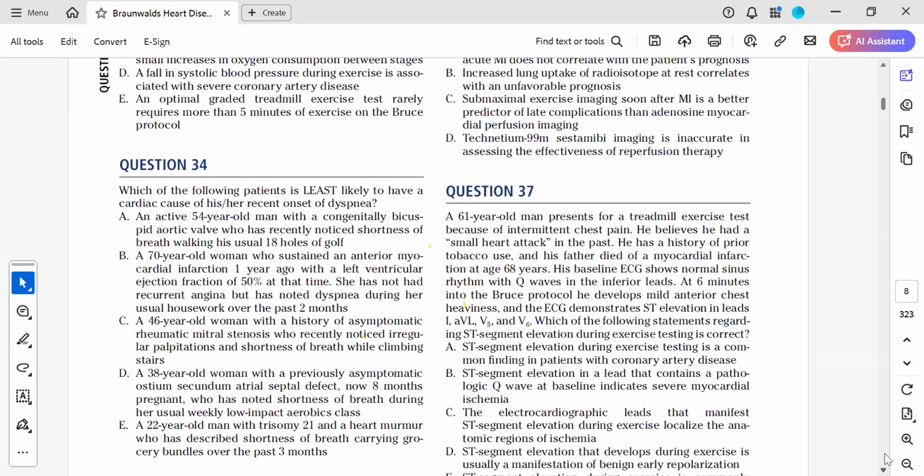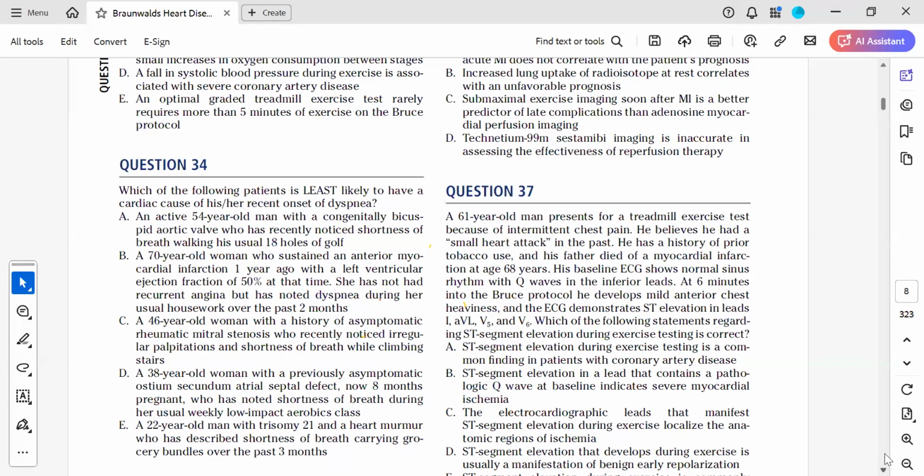The second person, the 70-year-old woman, had an anterior MI 1 year ago, and is now having what looks like a new dyspnea over the past few months. The current issue may be due to left ventricular dysfunction, probably due to ventricular remodeling.